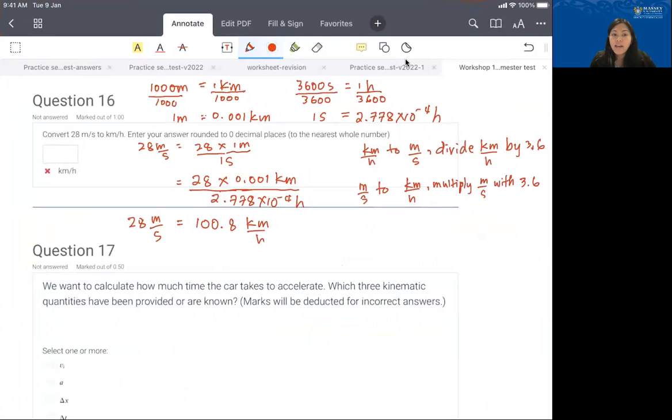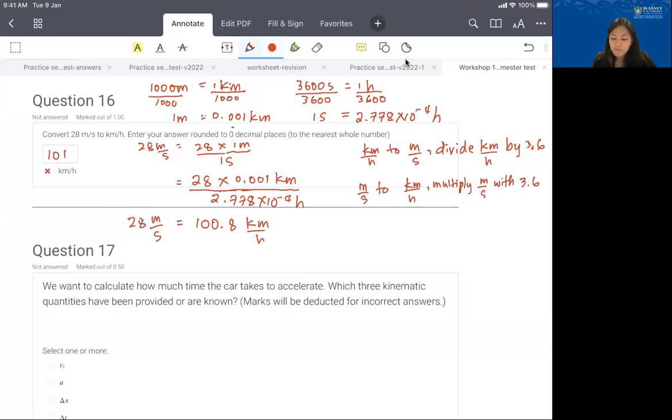So for 28 meters per second, if you convert that to kilometers per hour, multiply that by 3.6, you should get 100.8. The instruction specifically says round your answer to 0 decimal places, so your answer should be 101 kilometers per hour, with 0 decimal places.